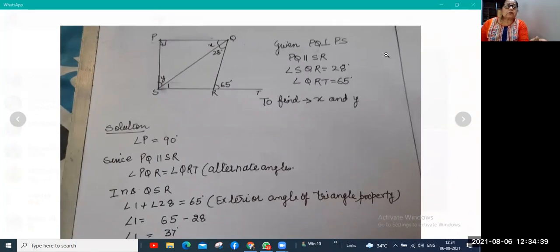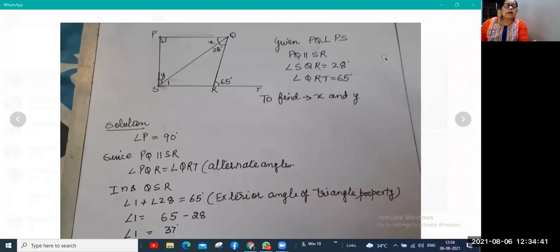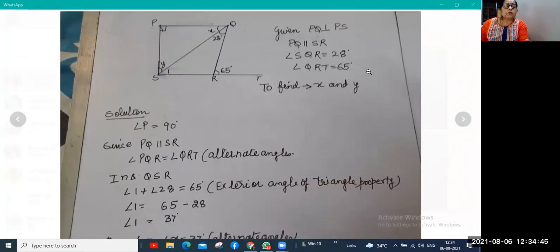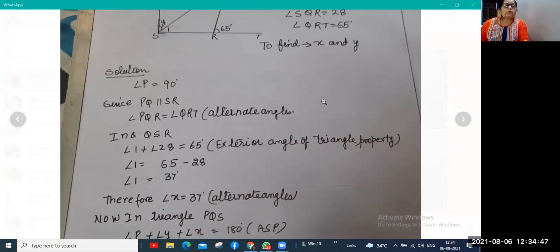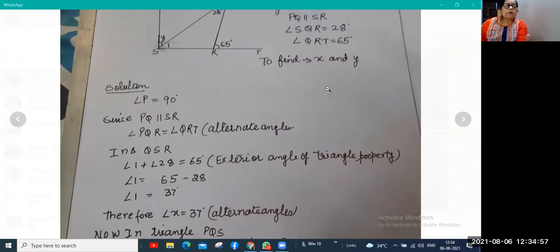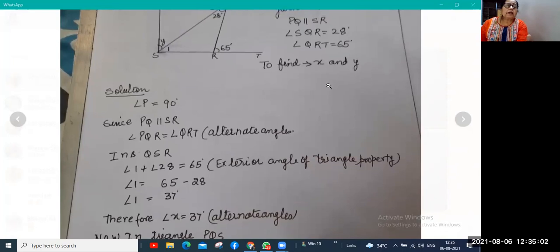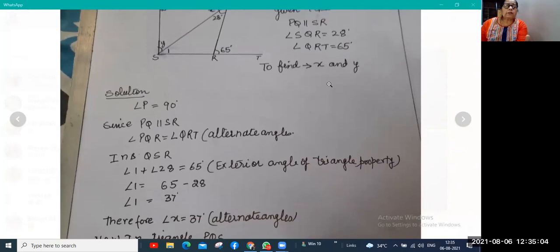So here starts the solution. Since PQ is perpendicular to PS, angle P will be equal to 90 degrees. This angle will be 90 degrees. And PQ is parallel to SR, therefore angle PQR will be equal to angle QRT.